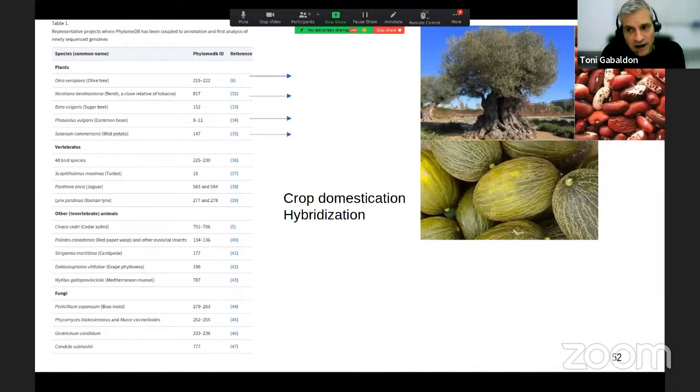In other projects, we have teamed up with groups working on domesticated species, mostly plants. And the question there was the impact of domestication on the genomes, and also the role of hybridization.